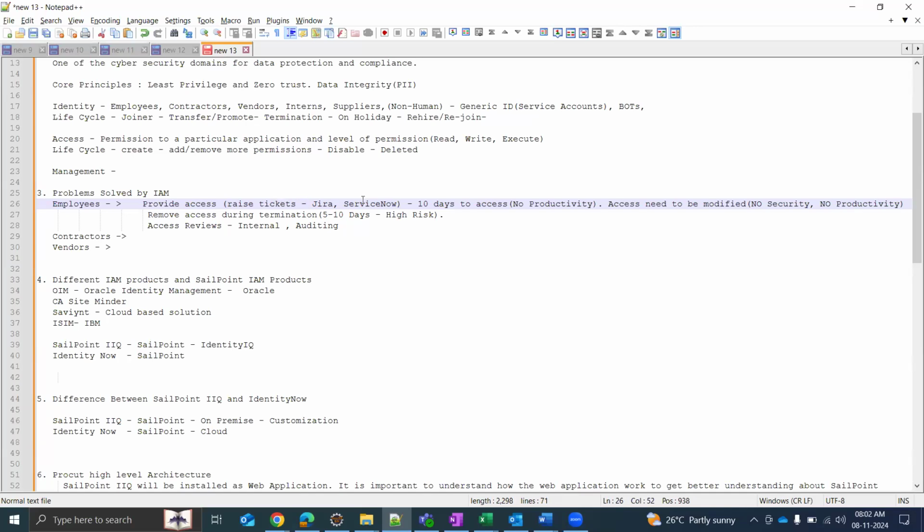Some person has to work on it. The person has to take the ticket or check the mail, go to the particular application, and create an account for you.